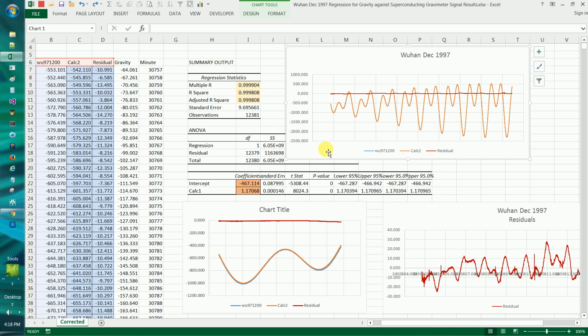You can also, if it's a 3-axis instrument, like a seismometer, use that to calibrate the orientation of the device continuously.